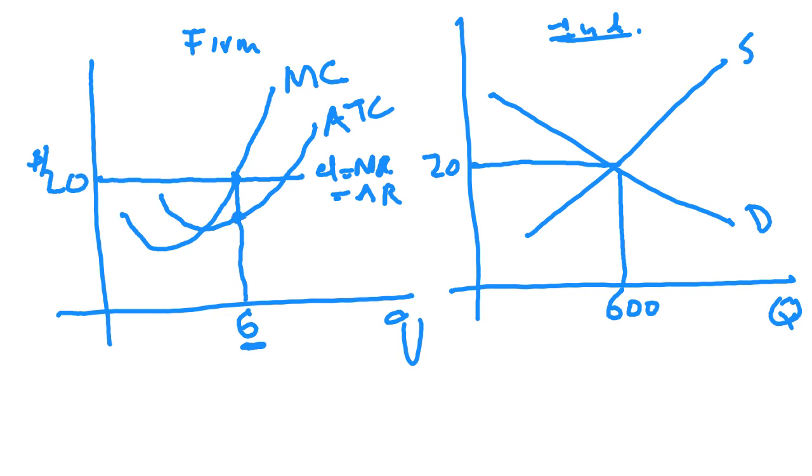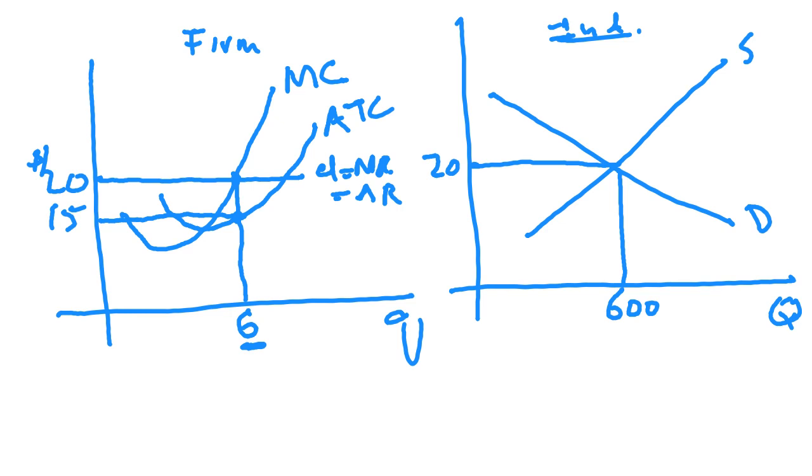Okay. Now, what is the profit? I'll give you numbers. So suppose at 6 units of output, this farm's average total cost is 15.